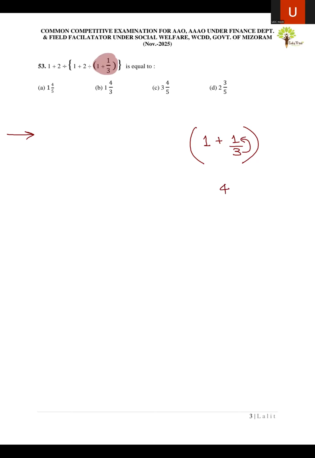So this is inside the bracket, divided by 1 plus 2, as given to us.